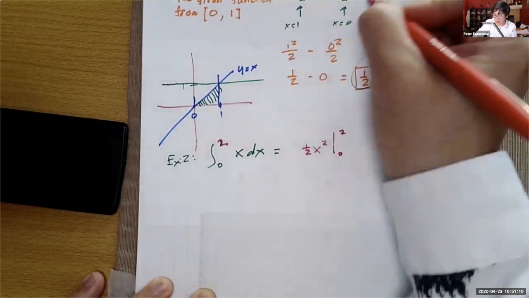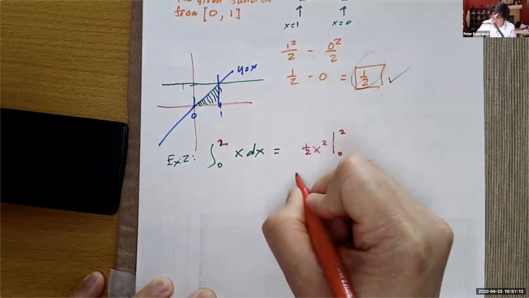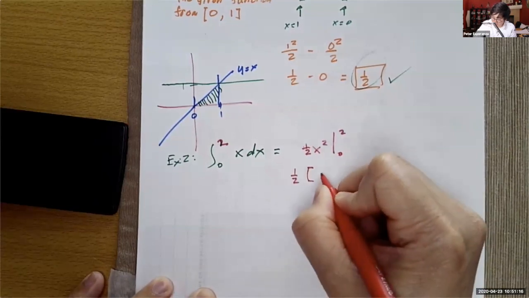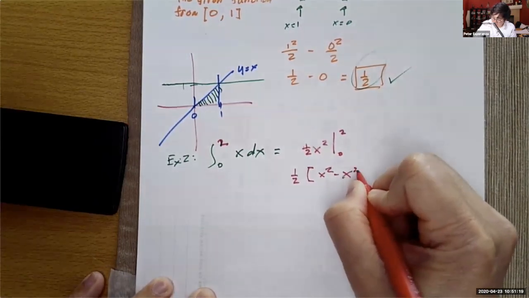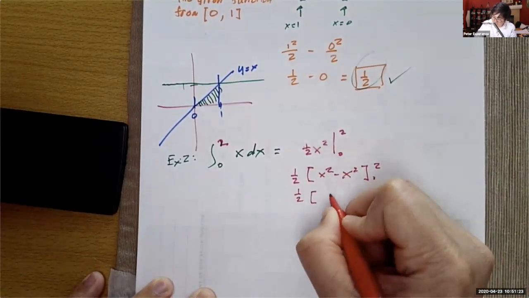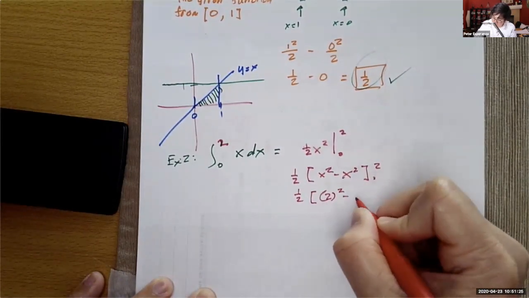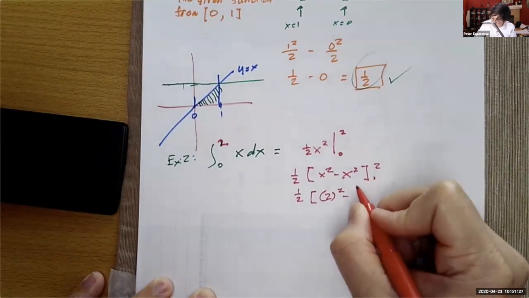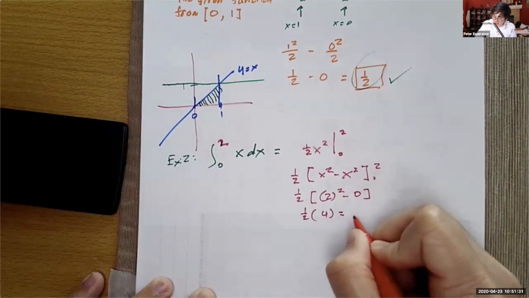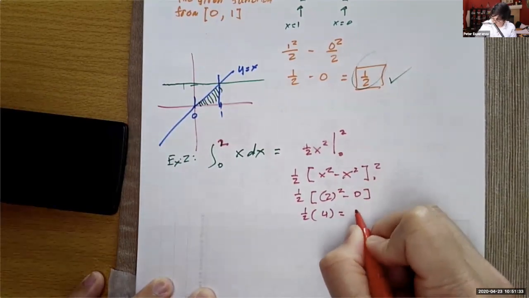So we'll have 1/2 x squared evaluated from 0 up until 2. So you have 1/2 times 2 squared minus 0, so 1/2 times 4.